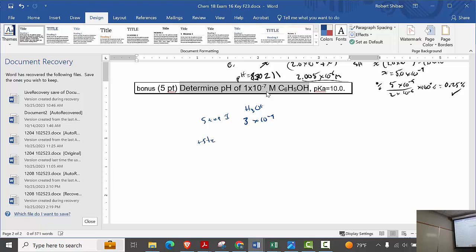Plus step 2. In step 2, we generate 98 times 10 to the minus 9. And so altogether we're going to have 101 times 10 to the minus 9 total.